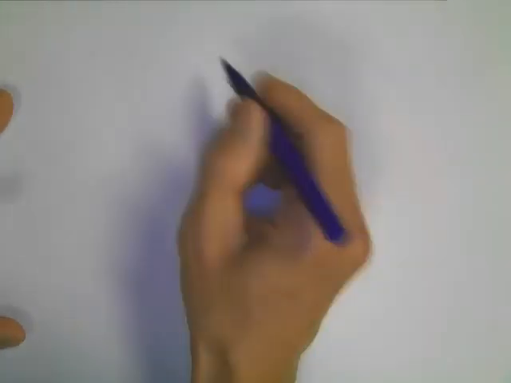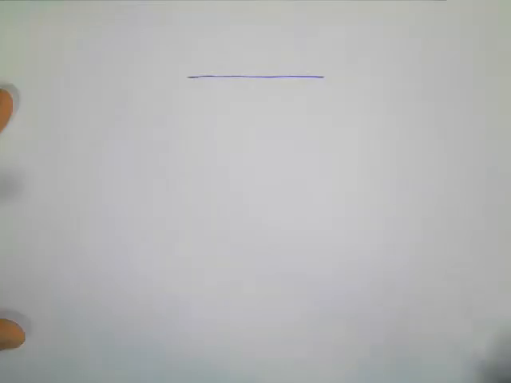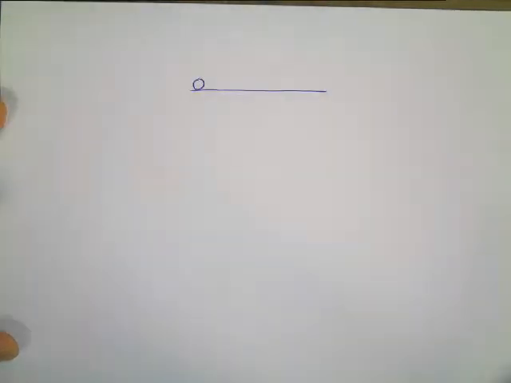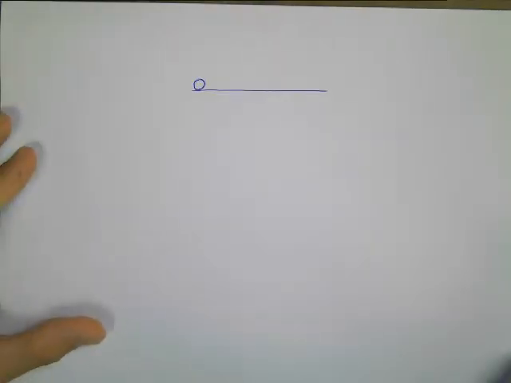So let's make a sketch here of our projectile and the path that it's going to follow. So we'll have the standard kind of ball starting at the ground level.